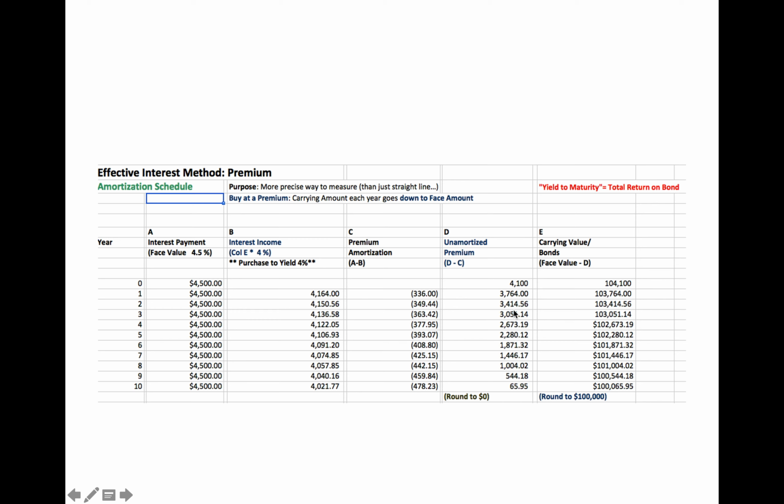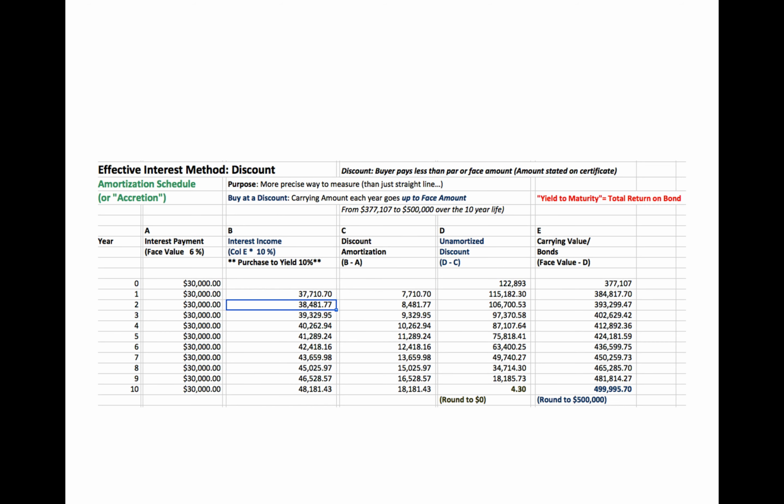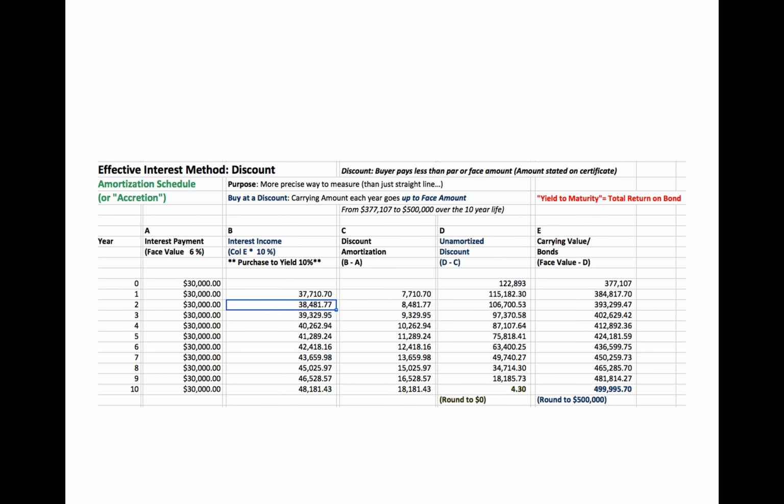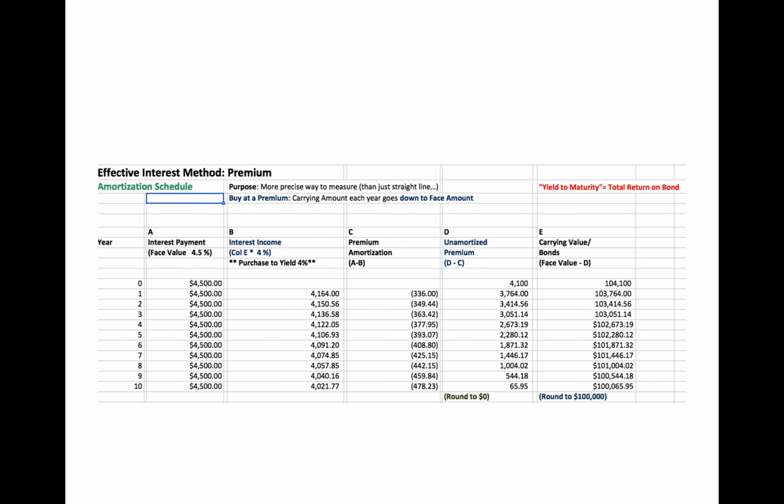We lower the unamortized premium amount, we lower the carrying amount, and we just keep going with that until we get down to $100,000. So the premium creates additional expense. And if I go back, the discount creates additional income. So that's how we handled the effective interest method for discount bonds and for premium bonds.